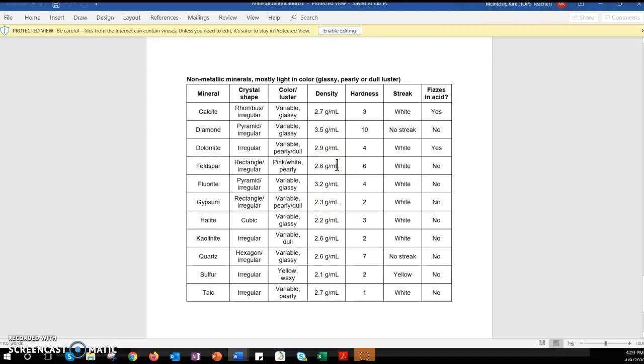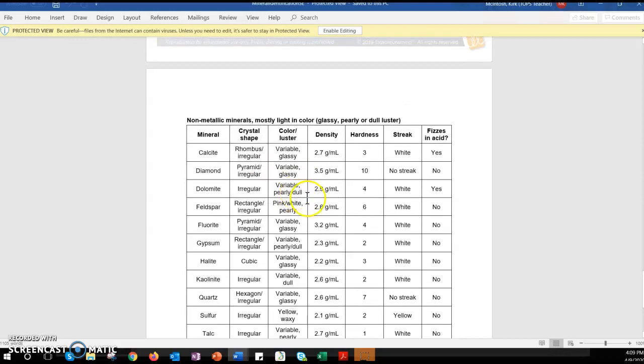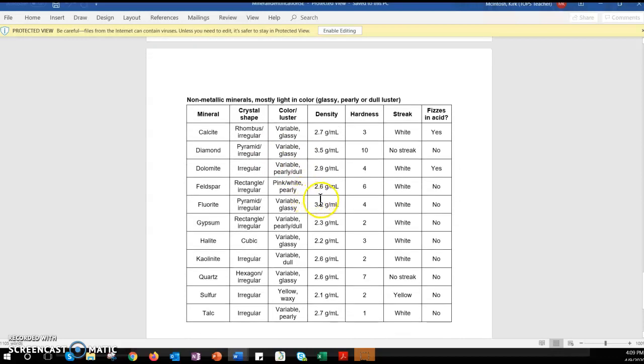Could be feldspar. It's got a white streak. It did not fizz in acid. A hardness of 6 because we said it was harder than glass, but not as hard as the steel. When we check that out, it's a pink or a white or a pearly, and it is rectangle or irregular in shape.